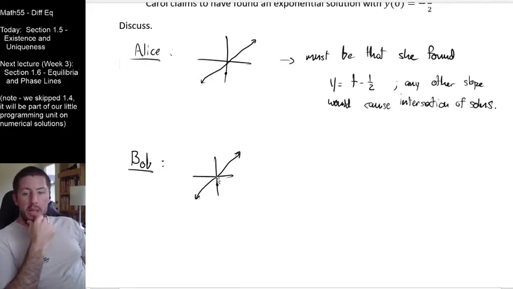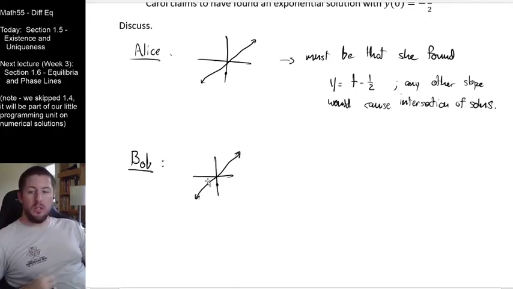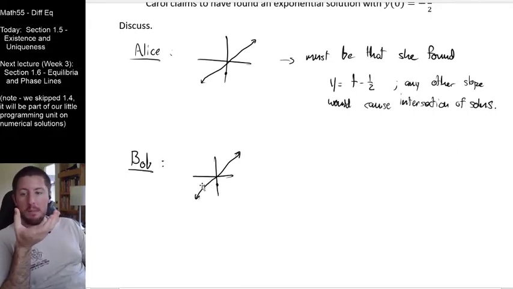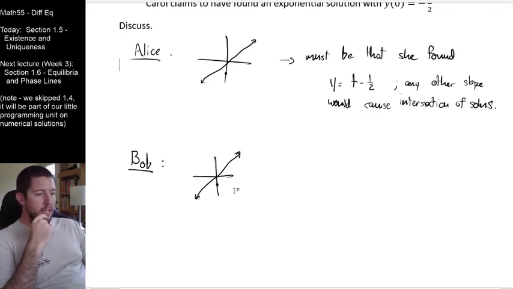One thing that I know is that if there's a quadratic that goes through this, it must be an opening down quadratic. It's not possible for Bob's quadratic to be opening up, to have a positive coefficient on the t squared term, because then it would intersect our solutions.